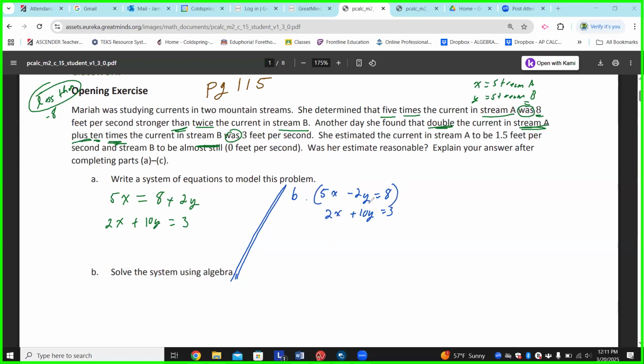What ideas do you have? What could I multiply the first equation by so that when I add the two equations up, it would eliminate a variable? So if I times this by 2, this will become a 10. Won't eliminate the 2. This will become a -4. Would not eliminate a 10, but good idea.